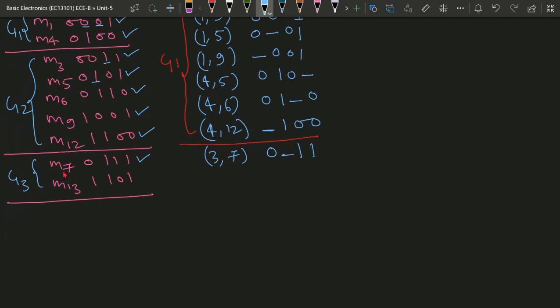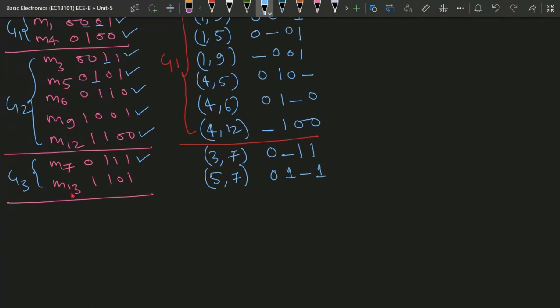M5 will be compared with M7. So M5 and M7, it is 0, 1 is same, this is different, and this is same. So it is possible. 5 and 7 will be paired. So if we are doing the pairing, it will be 0, then it is 1, and the third bit is changing from the left side, so it will be dash and then 1.